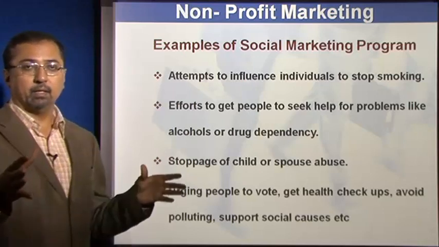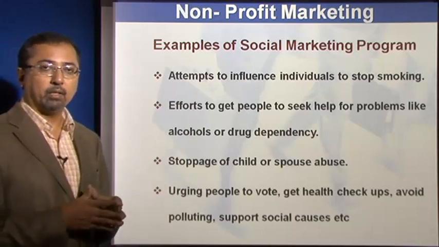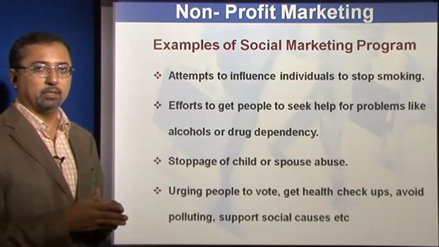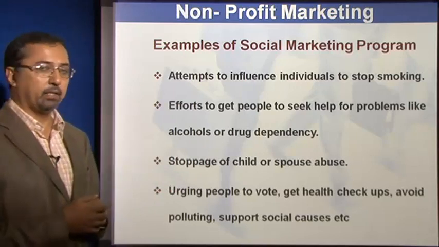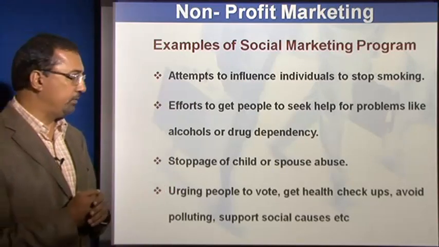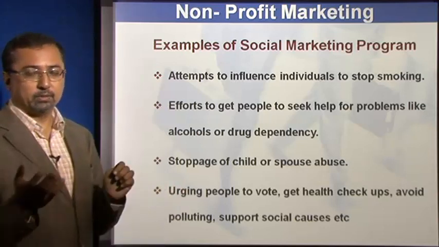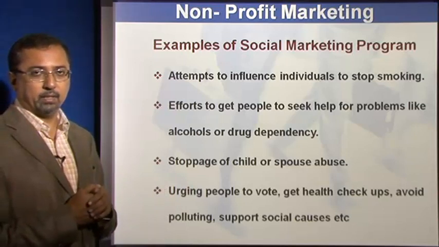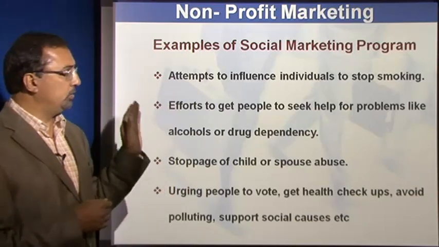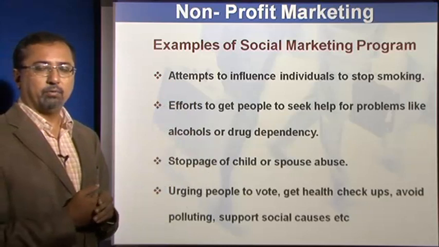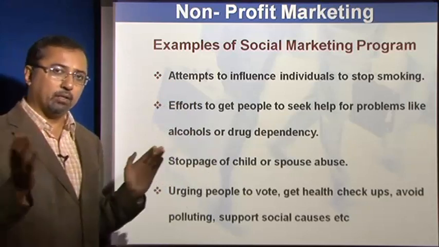Today there is a big hullabaloo about corruption. So people are coming out on the streets and talking about India Against Corruption and anti-corruption drives and so forth. Pollution control, and stopping the use of plastics in certain areas or certain kinds of plastics. So there are so many types of instances today that we can see all around us.